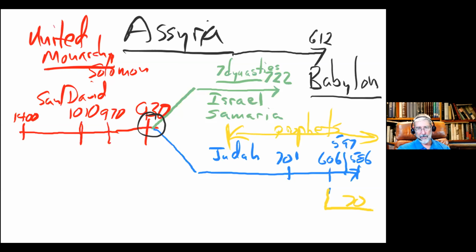The Babylonians from 612 rule the ancient world. And Babylon is the destroyer of Jerusalem. First siege, second siege, and first siege, second siege, destruction.